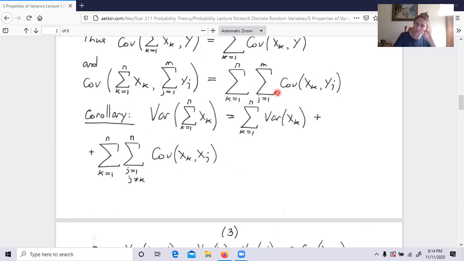Intuitively, each xk meets against each xj. So we have left xk's and we have right xk's. Will we just have n? No.